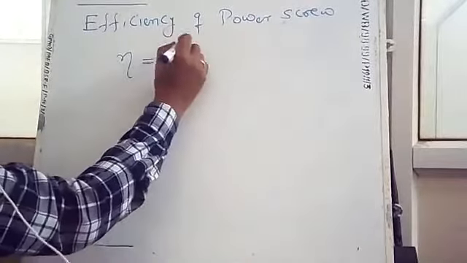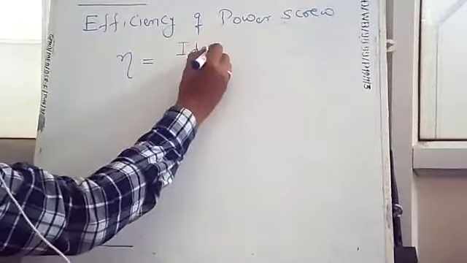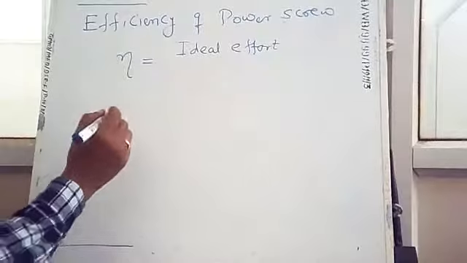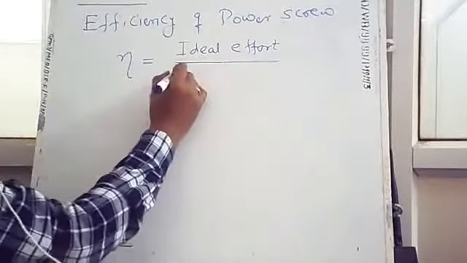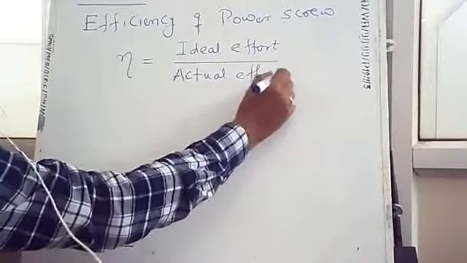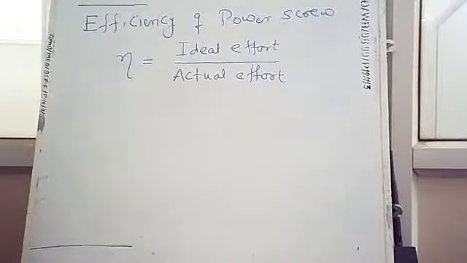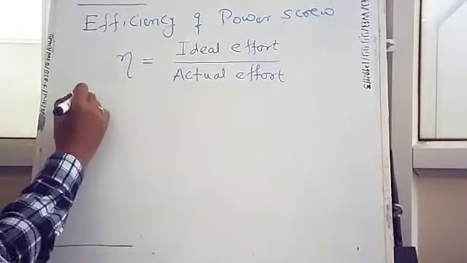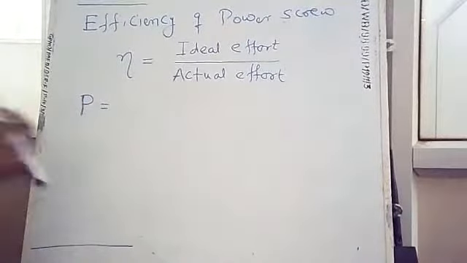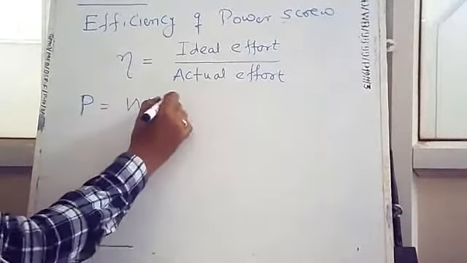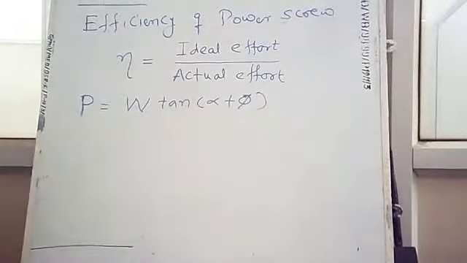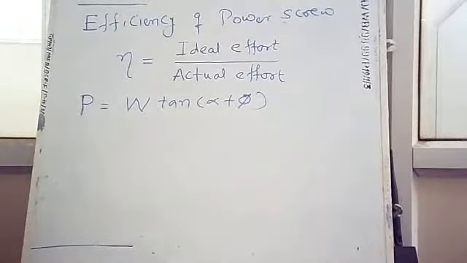For example, whatever ideal effort required to lift some load W, divided by how much actual effort is required to lift the same load. Okay. Now we know that effort required for any power screw is W tan of alpha plus phi. This is the effort required to lift the load.